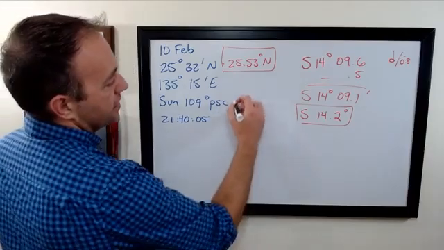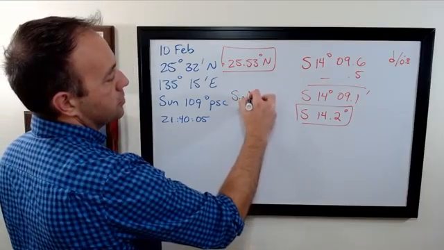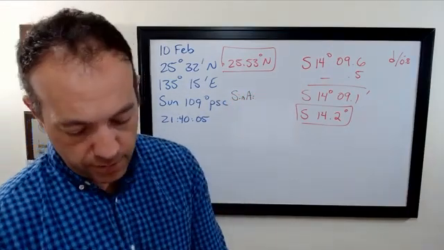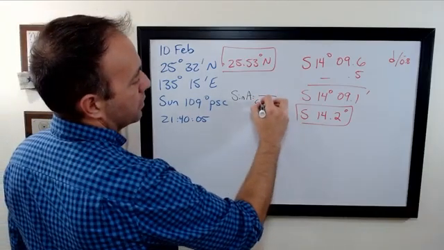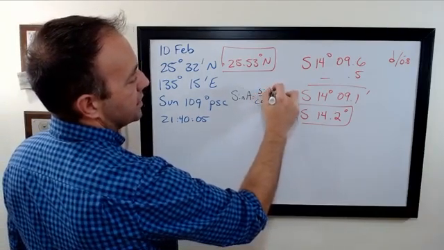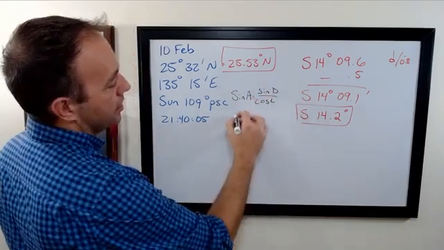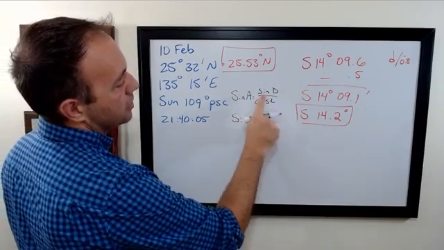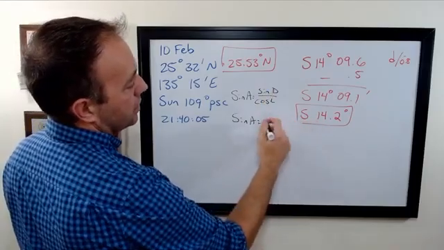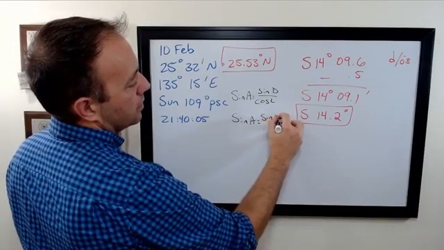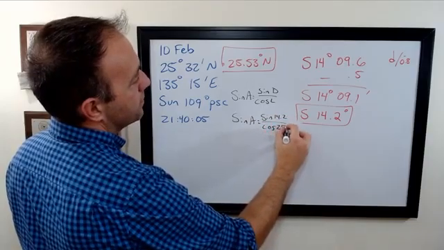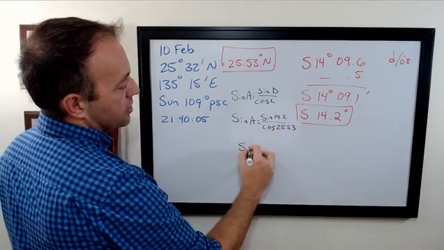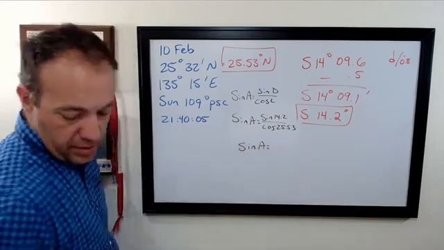All right, so the sine of our amplitude is equal to the sine of our declination over the cosine of our latitude. So we're plugging in numbers here: the sine of 14.2 over the cosine of 25.53.